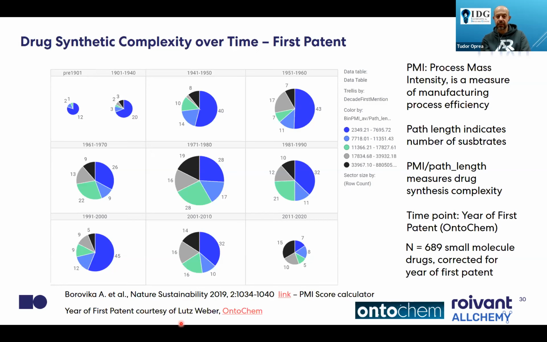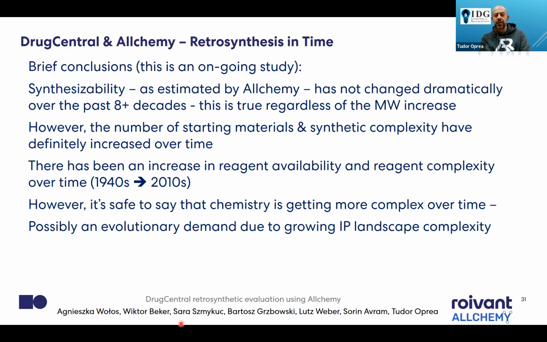So, just the conclusions based on this retrosynthetic evaluation. If you look at synthesizability, molecular weight definitely increased over time, as did the number of starting materials and synthetic complexity.